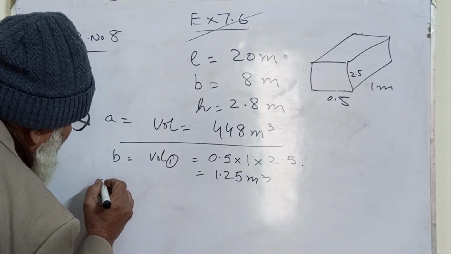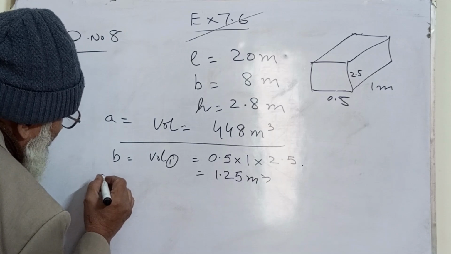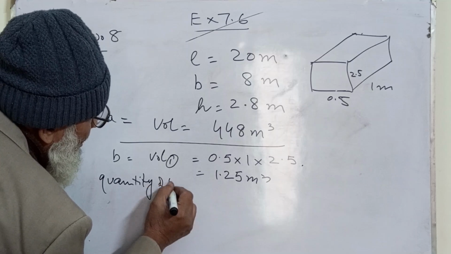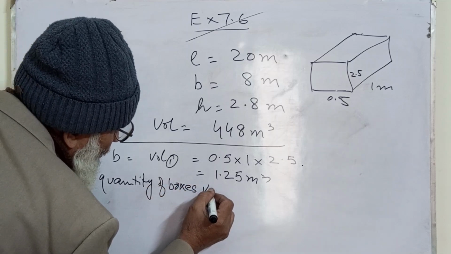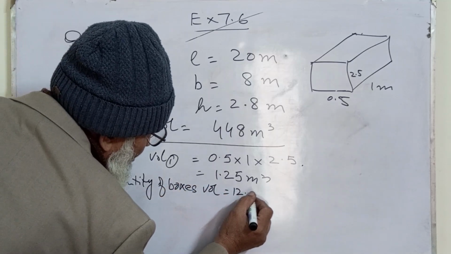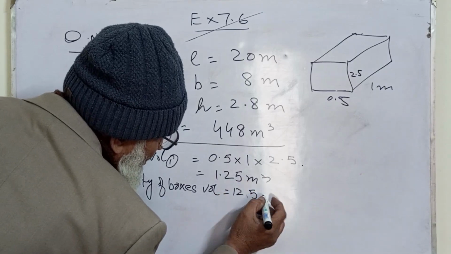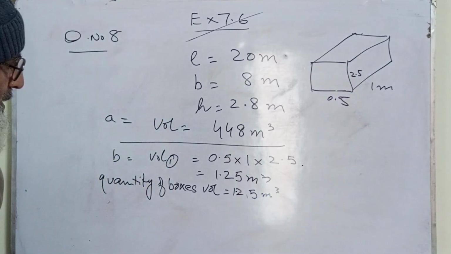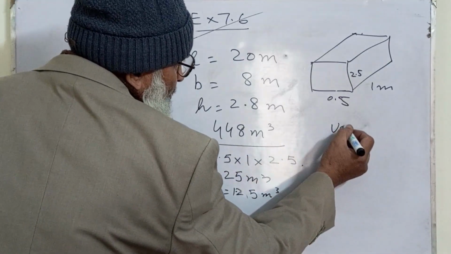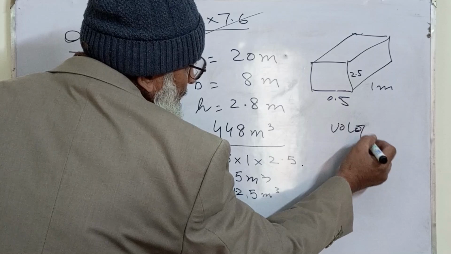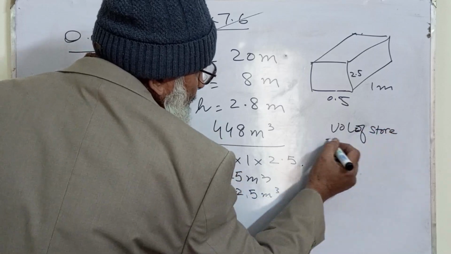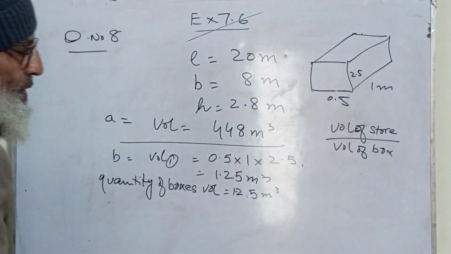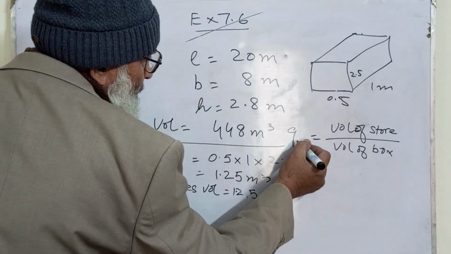The quantity of boxes is equal to the volume of the storage area divided by the volume of a box.